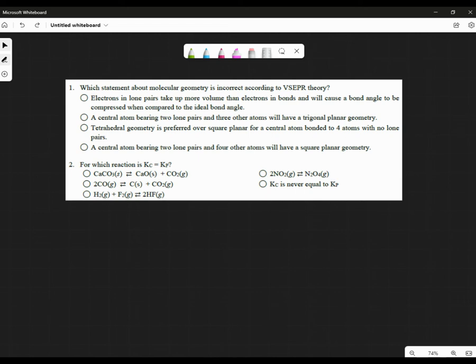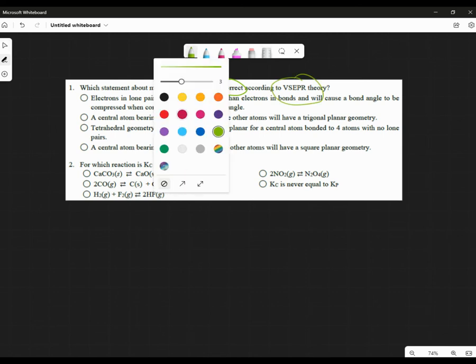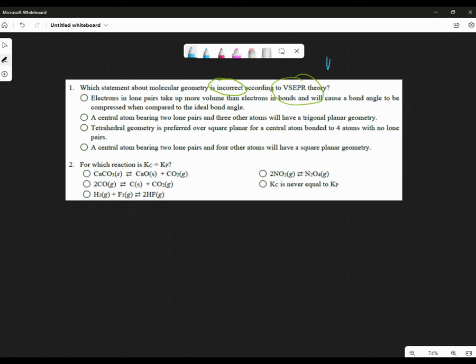All right. First of all, which statement about molecular geometry is incorrect? So we want the wrong one, according to VSEPR theory. And as you know, I'm sure, VSEPR, if I can remember it, stands for valence shell electron pair repulsion.